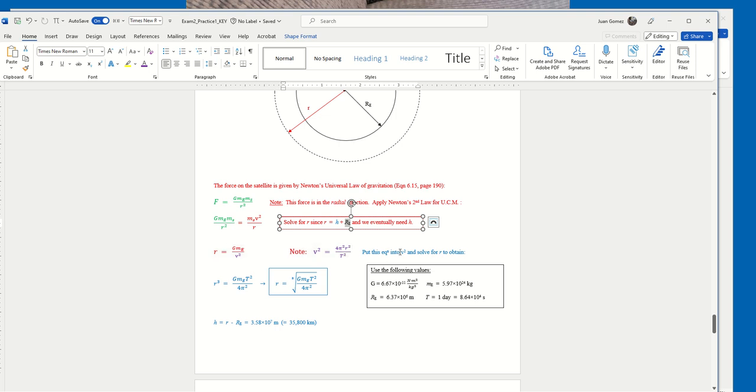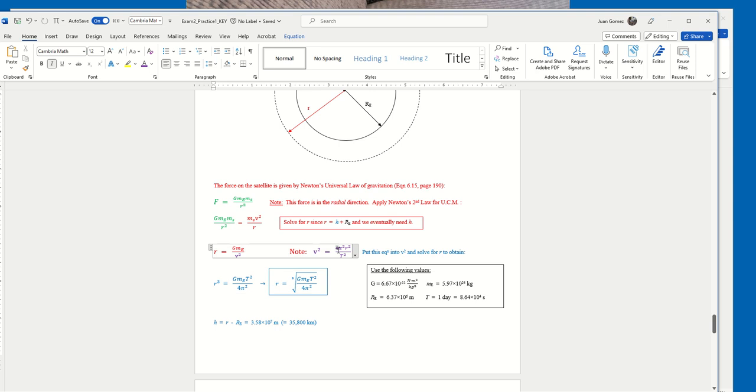So I need to put this equation in for v squared. See, v squared is in the purple. Right here, I'm going to replace v squared with 4 pi squared r squared over T squared. Then I want to solve for r, or in this case, r cubed. Nothing complicated.